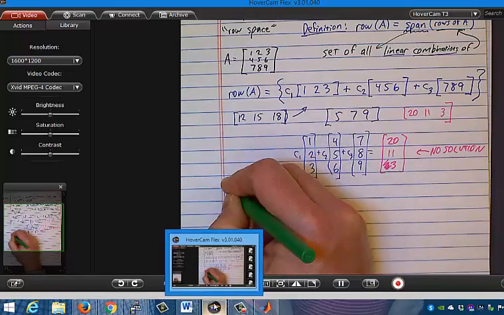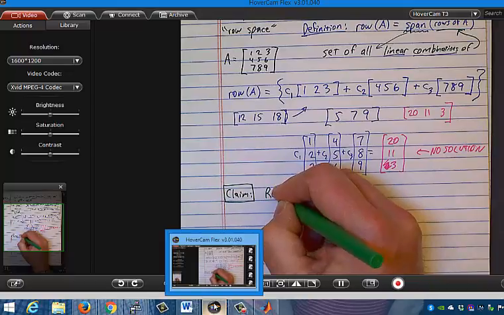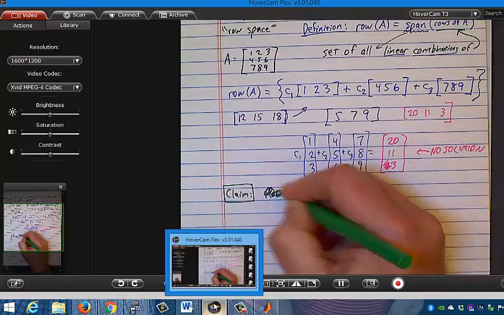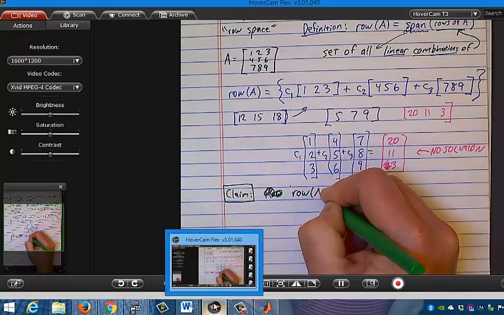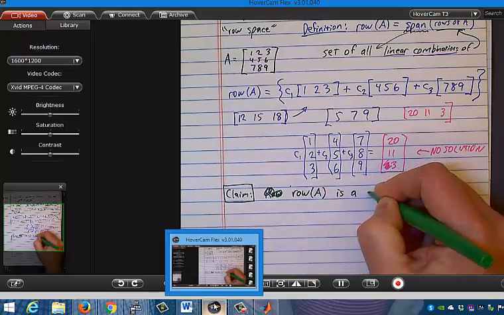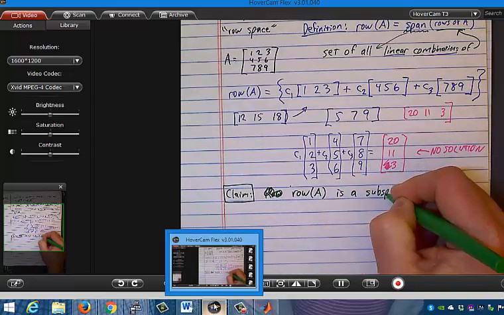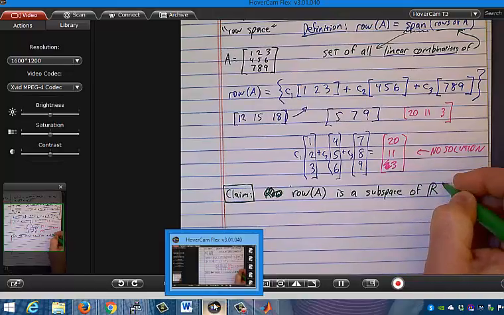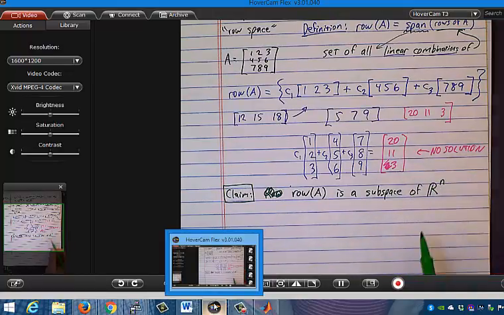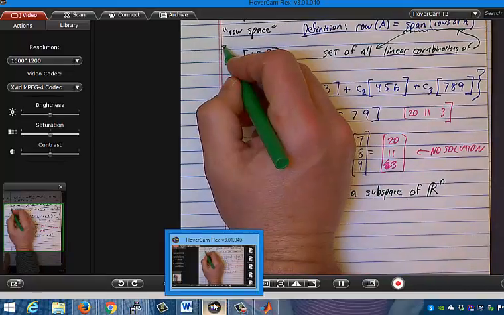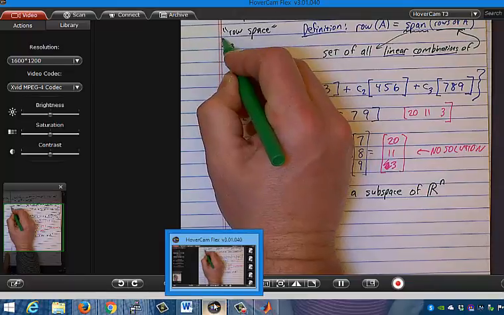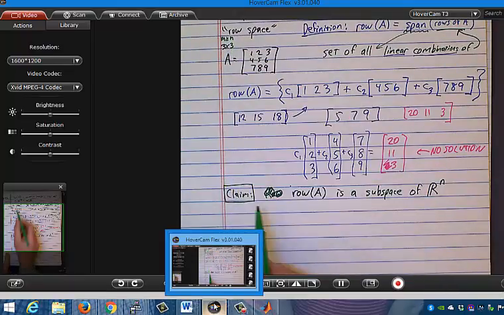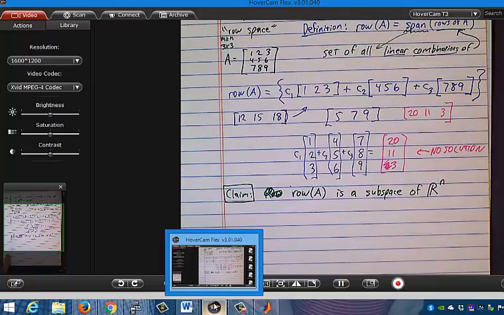Row space of A is a subspace of R^n. For us, this is 3 by 3. Remember, we always like to do M by N. So the claim is that the row space will be a subspace of R^n.